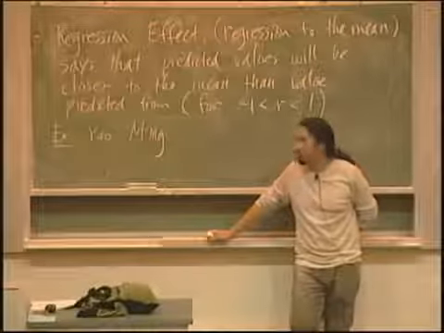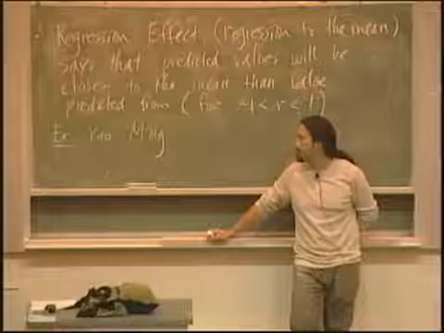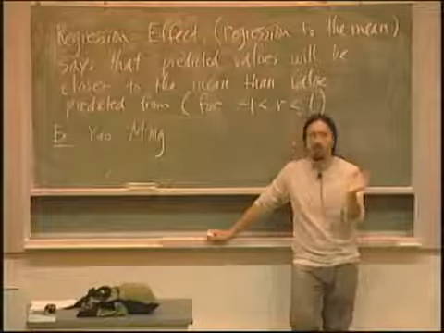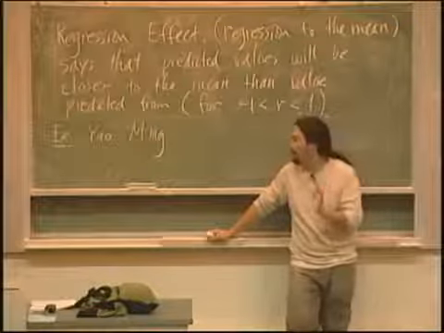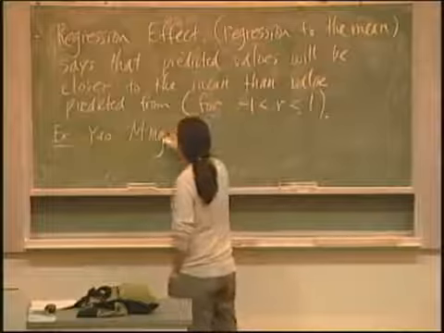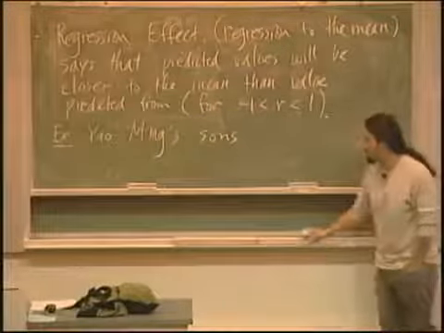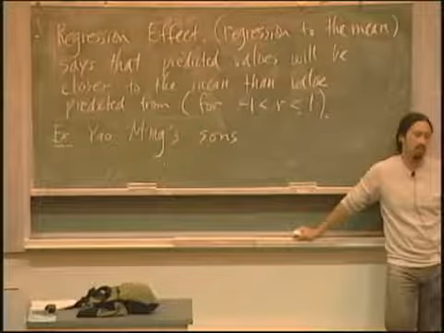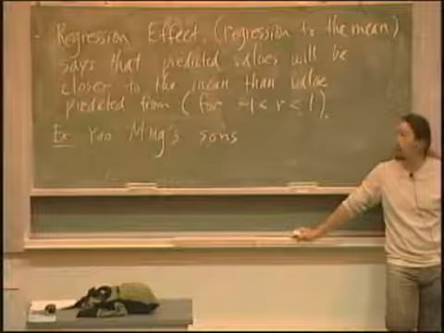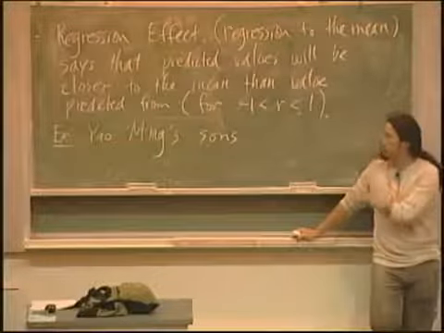So Yao Ming is about, I think he's about 7'5", 7'6". Let's suppose that Yao Ming has a bunch of sons. Okay. So would you expect his sons to be, on average, as tall as he is? If you had to guess. Probably not, right? So what's going on here is an example of the regression effect.